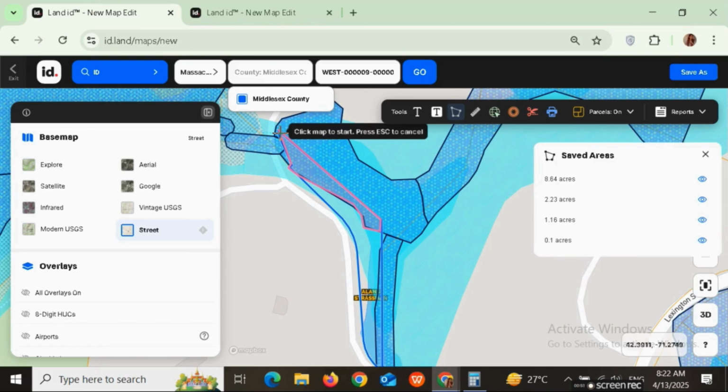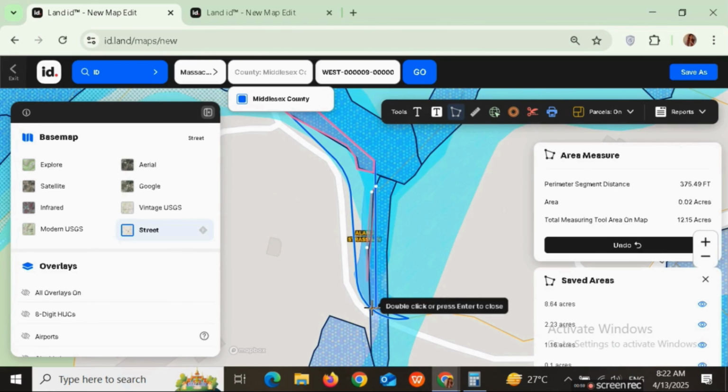In the property, it is 2.23, and also here it is 0.05.